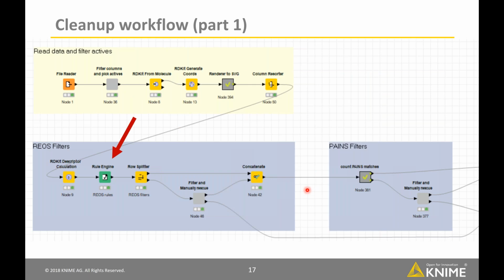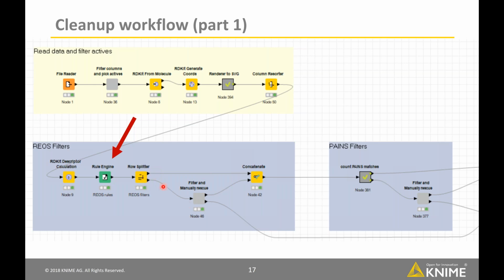The next step is to go and calculate the properties that are required for these REOS filters, this rapid elimination of swill. So these are just a few cheminformatics parameters. So it's the size of the molecule, or an approximation of the size, some measure of complexity, and how greasy the molecule is. So I calculate that here, and then what I want to do is show the user the compounds that were filtered out. So this row splitter basically takes each of the compounds, and the ones up top do not have any REOS flags, so those are good molecules.